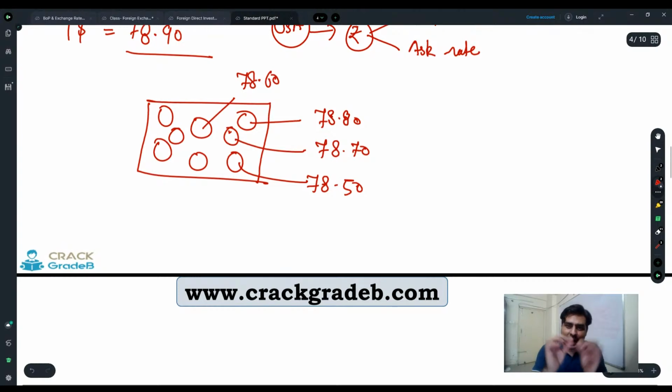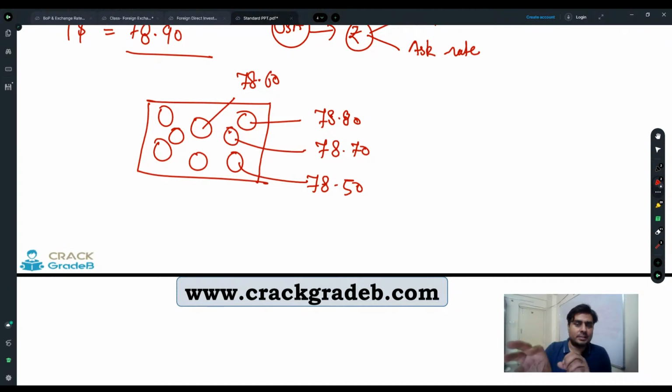So there is slight variation in the value of currency. That is why you will find one price known as a selling price and one known as a purchasing price. So at what price I am purchasing and at what price I am selling. You can see that there is a lot of scope to make profits.